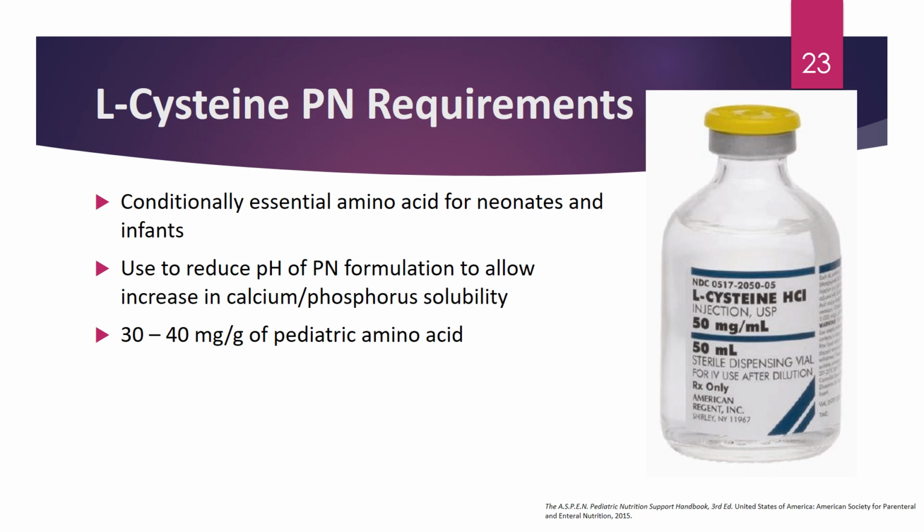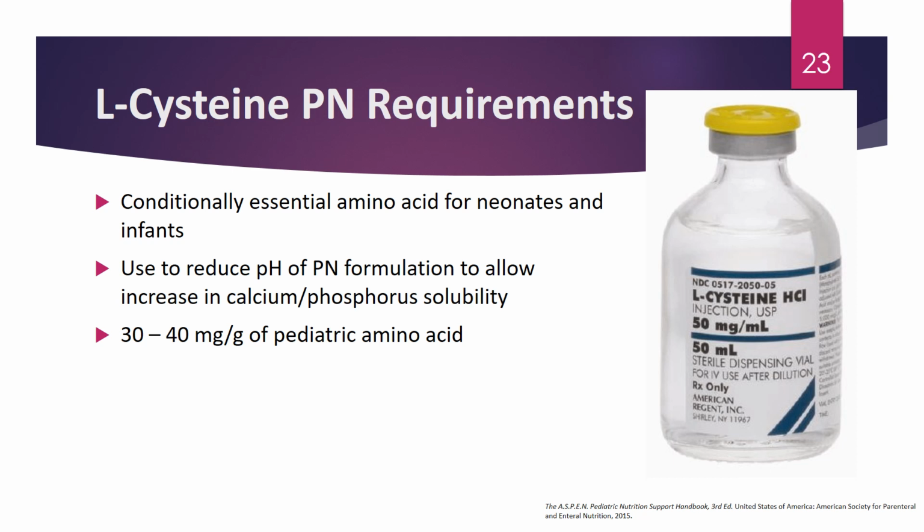There are some specialized nutrients that mostly just pediatric patients receive, particularly within their parenteral nutrition formulas. One of them is L-cysteine. This is a conditionally essential amino acid for neonates and infants.